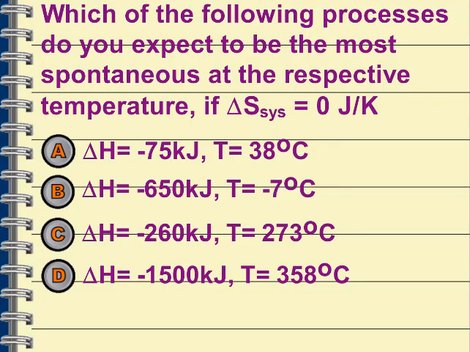For this problem, they want us to figure out which reaction will be the most spontaneous or most thermodynamically favorable. That's going to equal the most negative delta G. For all the reactions, it says delta S is 0.